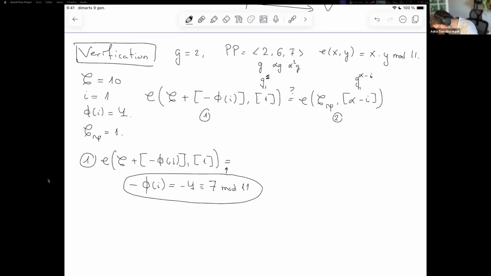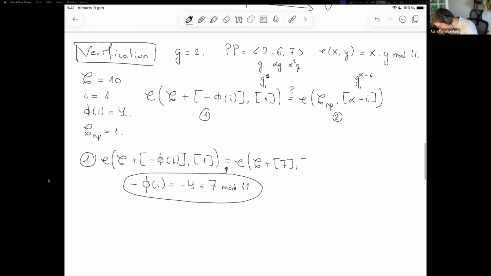So with this, we have the pairing is the commitment plus 7 evaluated, comma 1. And this thing here, I recall you that this is the same as 7 times G, and this is the same as 1 times G. So we're going to compute that.